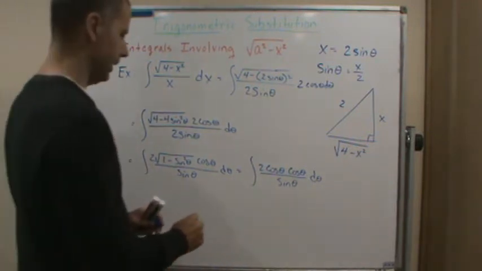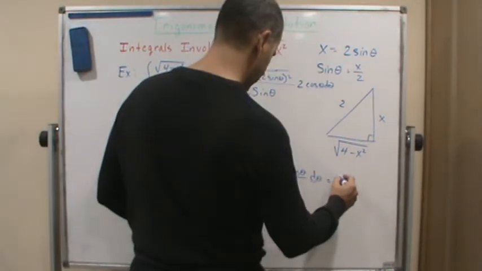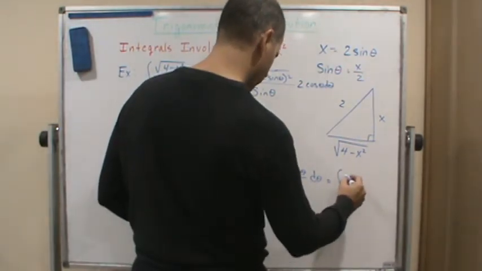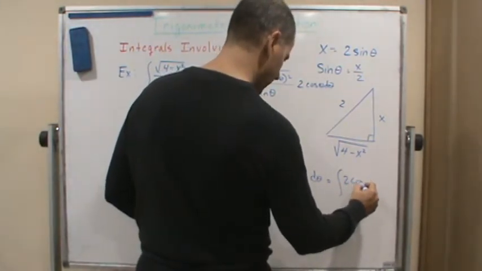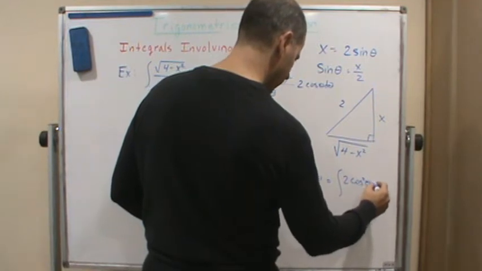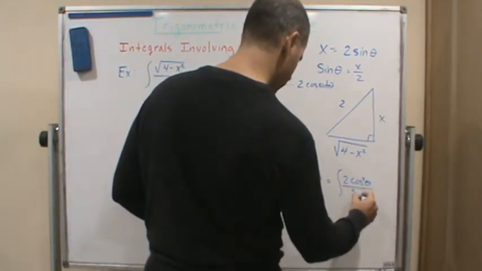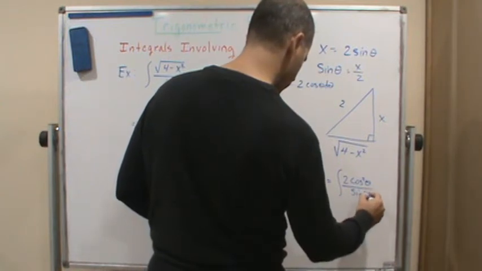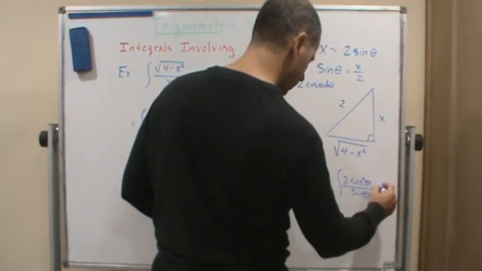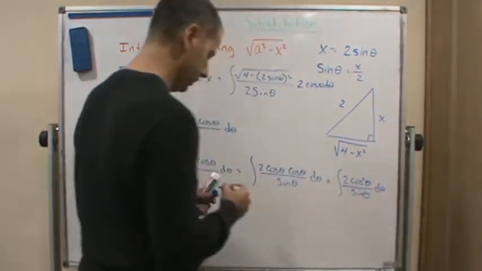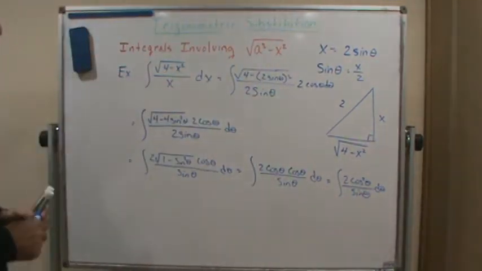Okay, and now this becomes 2 cosine squared theta over sine theta d theta. Okay, so now we've got cosine in the numerator and we've got sine in the denominator.